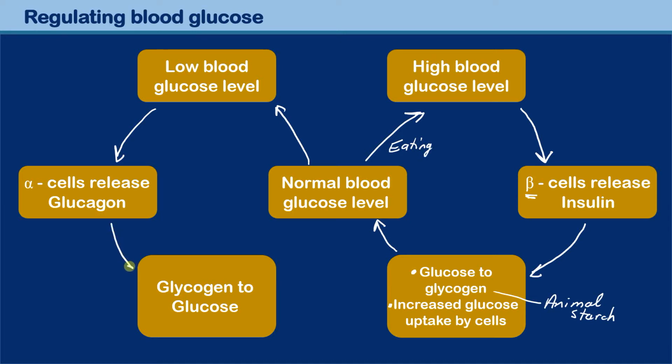And the liver will now convert some of the glycogen, which it stored, back to glucose and release the glucose into the blood. So this happens at the liver. And we are increasing the glucose level.